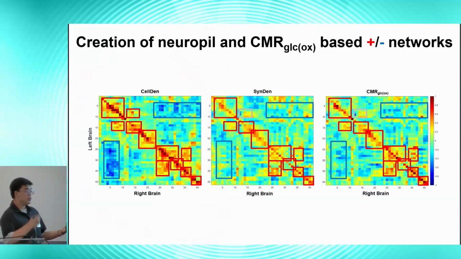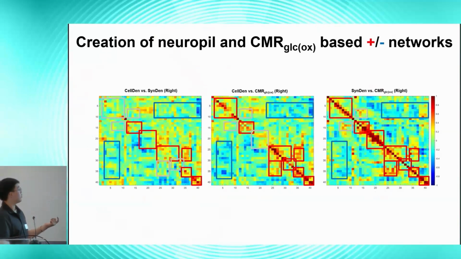And then we performed a t-test on each of these regions to ensure that they are significant. And we repeat the same thing for SINDEN and CMR glucose using those same initial networks that we find in CELDEN. And as you can see, specifically in CELDEN and CMR glucose, this one area drops out because it's no longer significant. But the other regions are conserved.